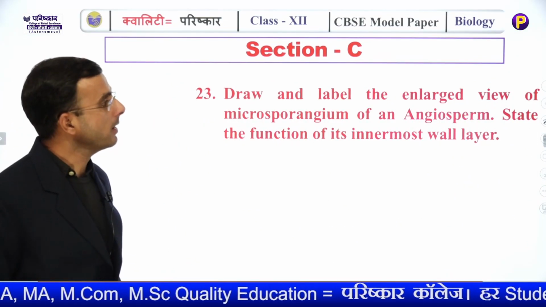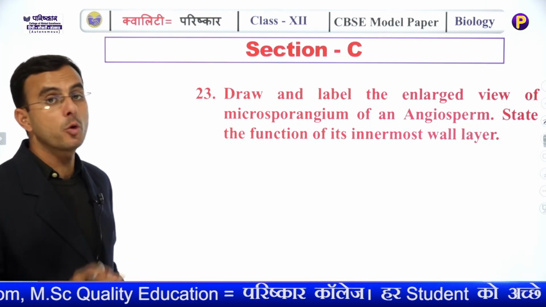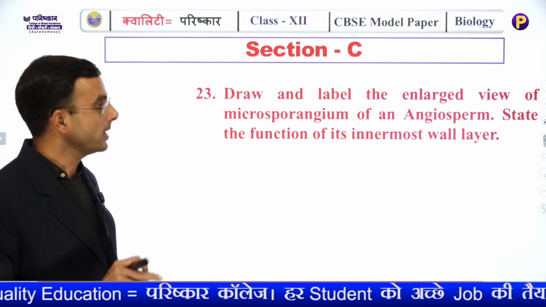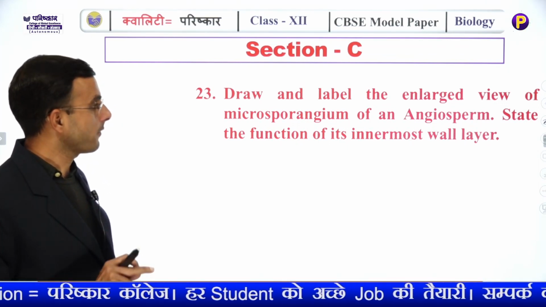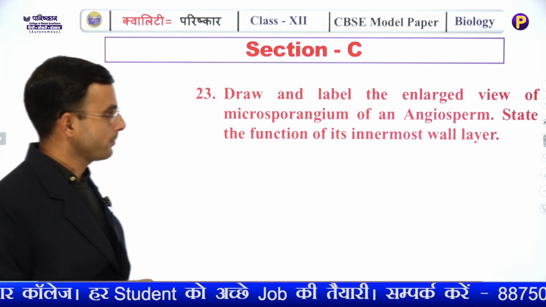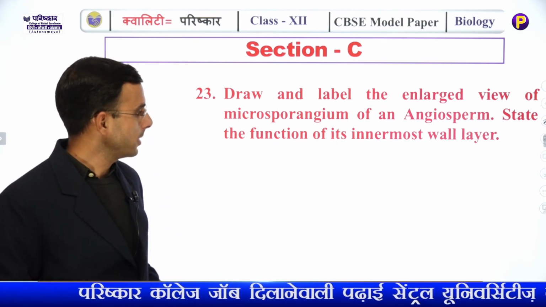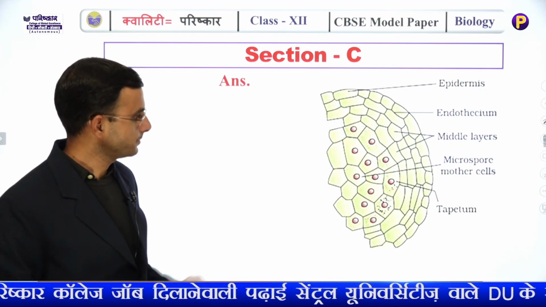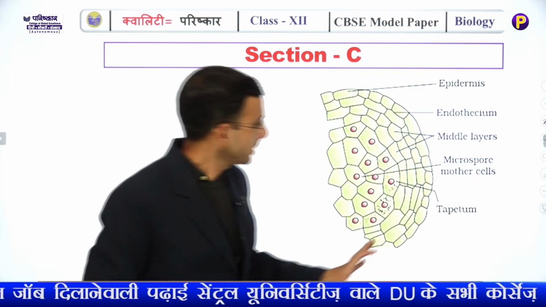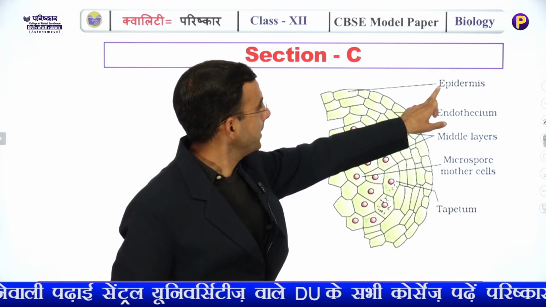Draw a labeled enlarged view of the microsporangium of an angiosperm. State the function of its innermost wall. The microsporangium is where microspore formation takes place. Look at this one. The outermost layer is the epidermis.